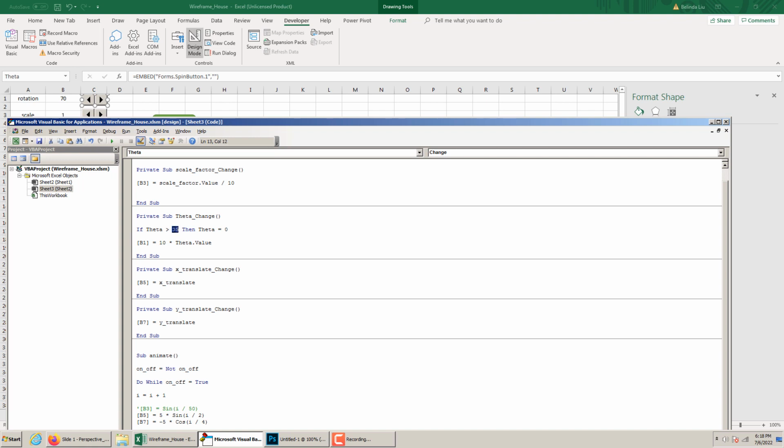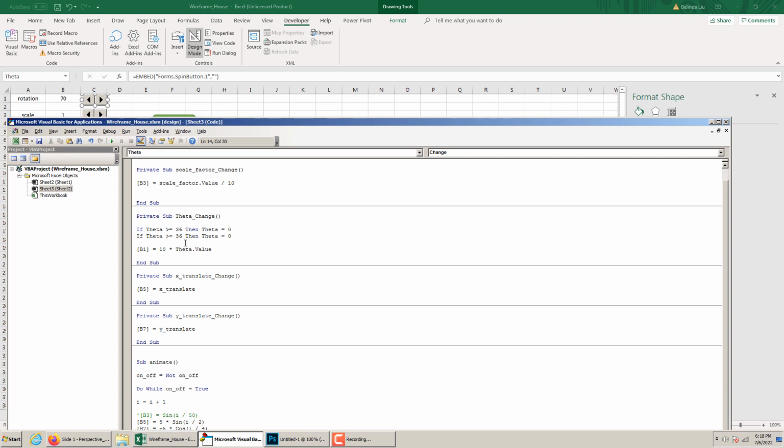Actually, let's put it, if theta is greater than 36 or equal, I think it is like this, equal or greater than 36, then theta is 0. If theta is smaller than 0, then theta is going to be 35. Okay, and check this out.